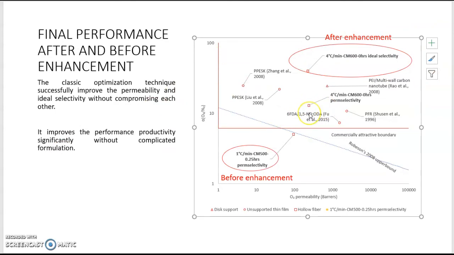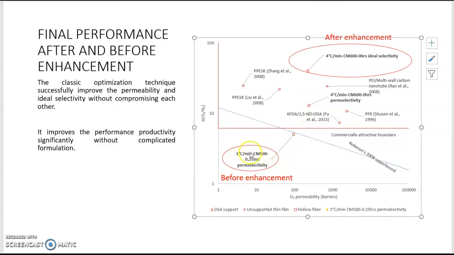So this is a comparison between before we enhance the carbon membrane and after we enhance it, and there is a significant improvement using the classic optimization technique.